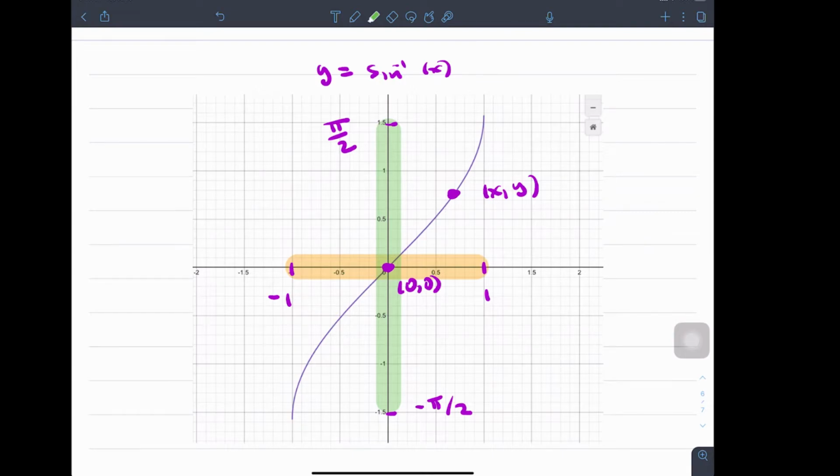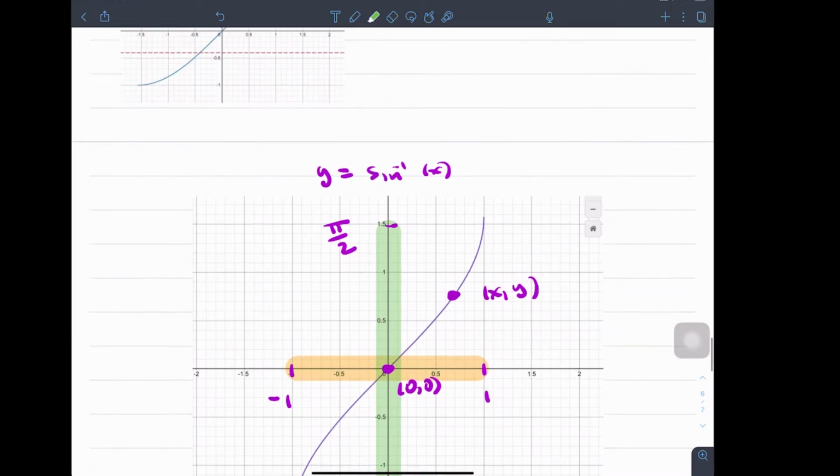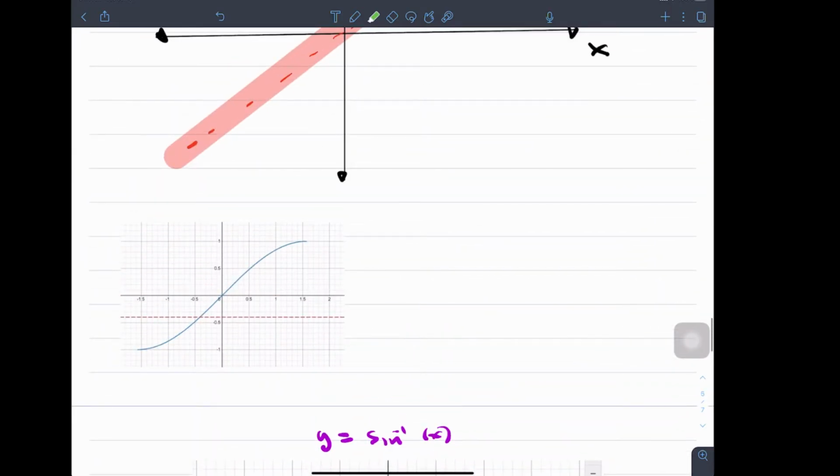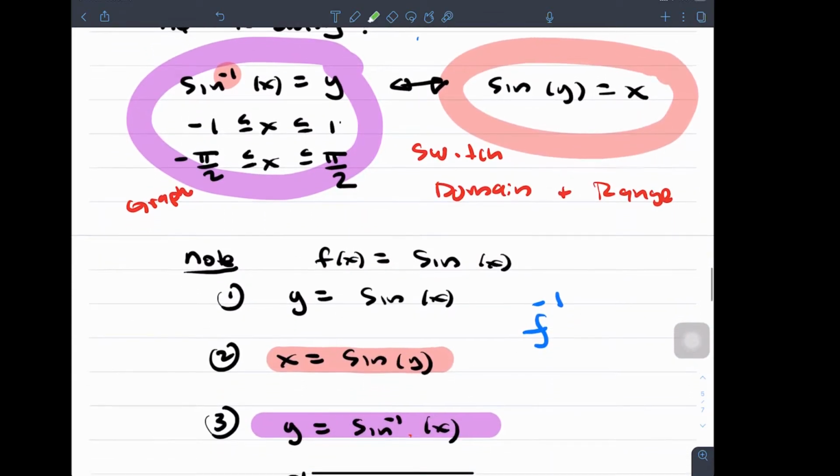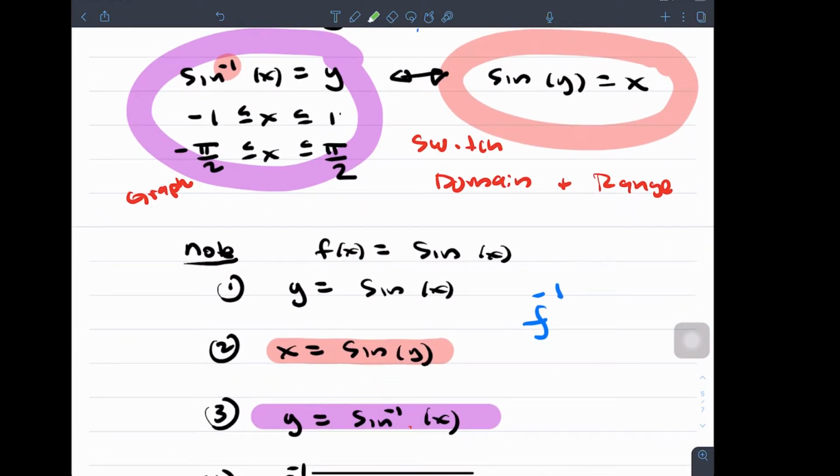So here's the graph. Your domain is in orange. The range is in green. And this is the original sine that it came from, just so you guys know. Everything in purple is what I just said to you guys.